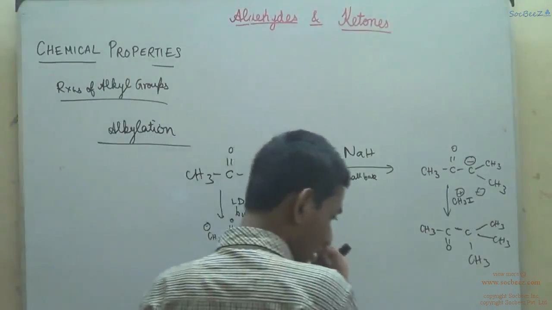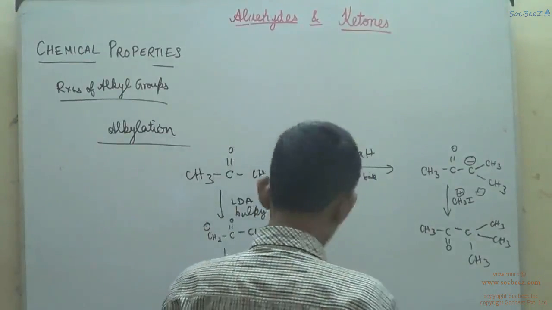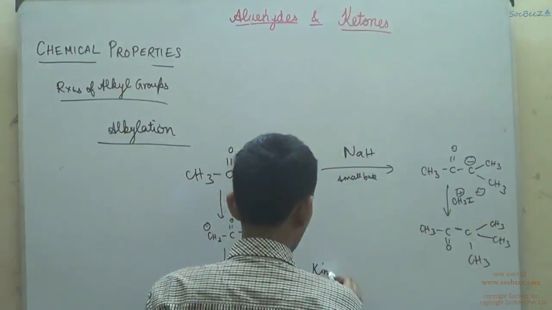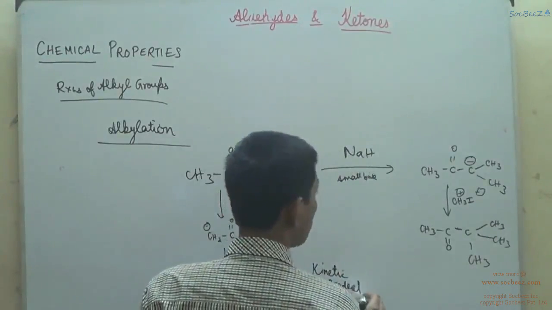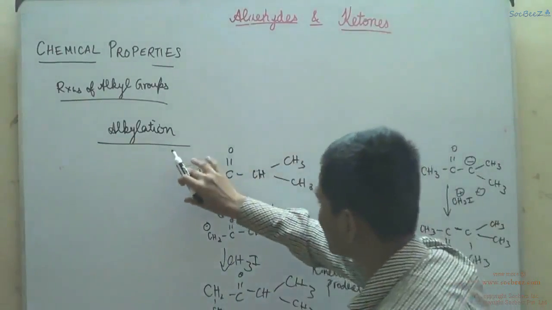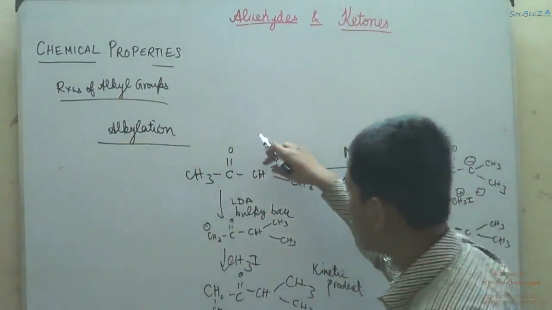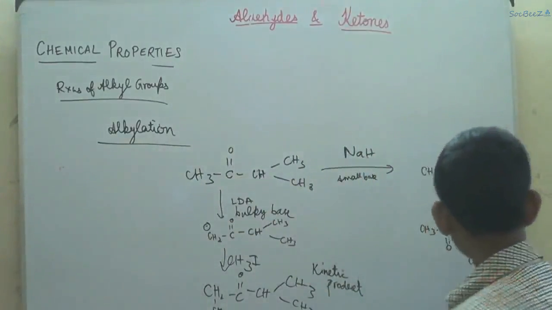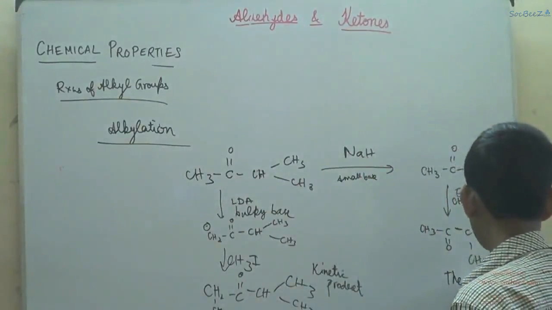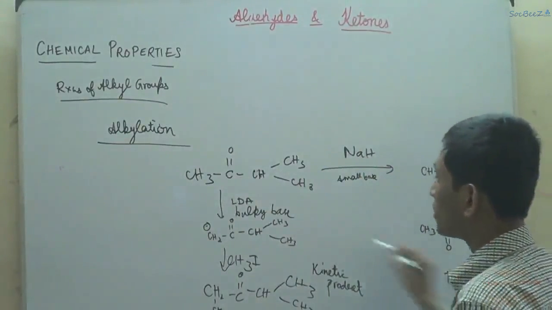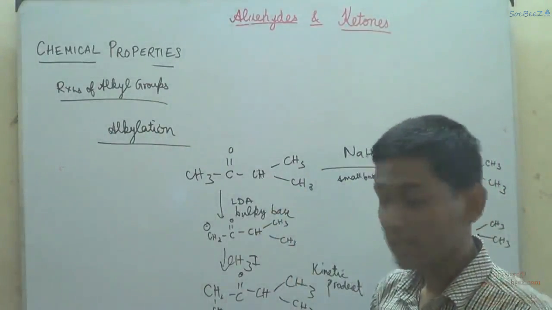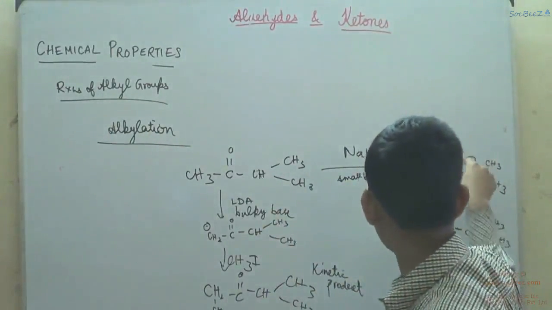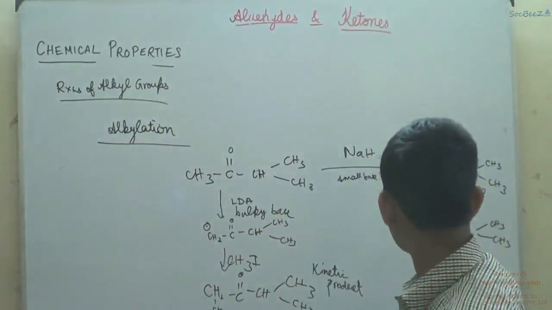Okay. Now the point is, this is the kinetic product, because it's formed quickly. Because see, when NaH has to come here, this is very free, right? It has to come here, pick up this and go. But this is the more stable product. So this is the thermodynamic product, because it's formed from the most stable carbanion.